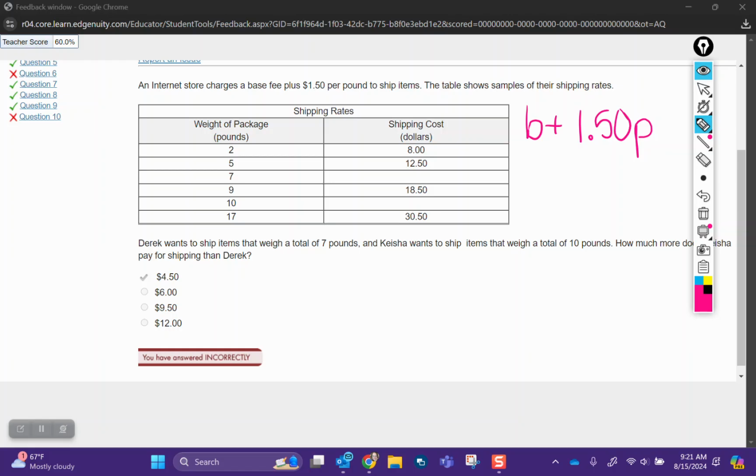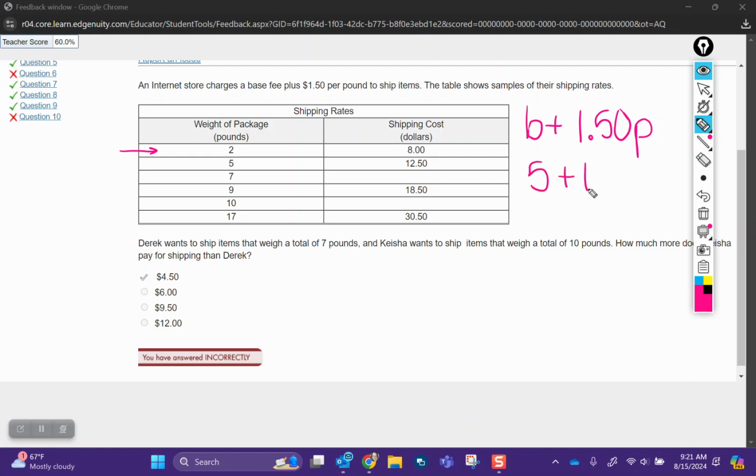In the first line of the table, 2 pounds at $1.50 per pound. So the first pound is $1.50 and the second pound would be $1.50. That's $3 to ship the 2-pound package, but it cost $8. So that means that the base fee is $5.